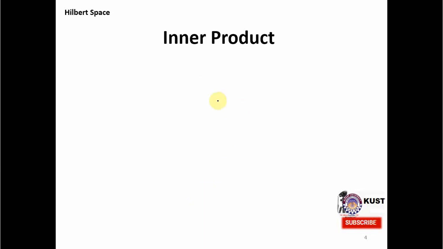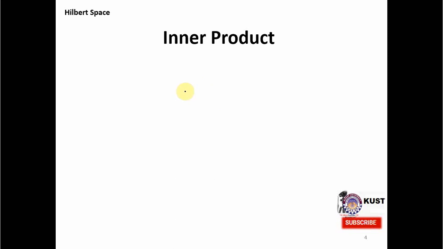As I said, there are two major properties for some space or set or collection of objects to become a vector space. The first of them is the inner product. If there is an inner product on this vector space, then linearity is already checked, since we know that we can add these vectors.